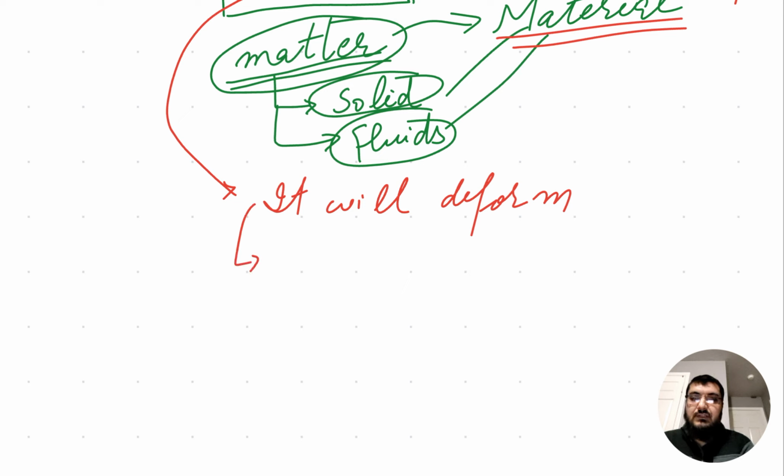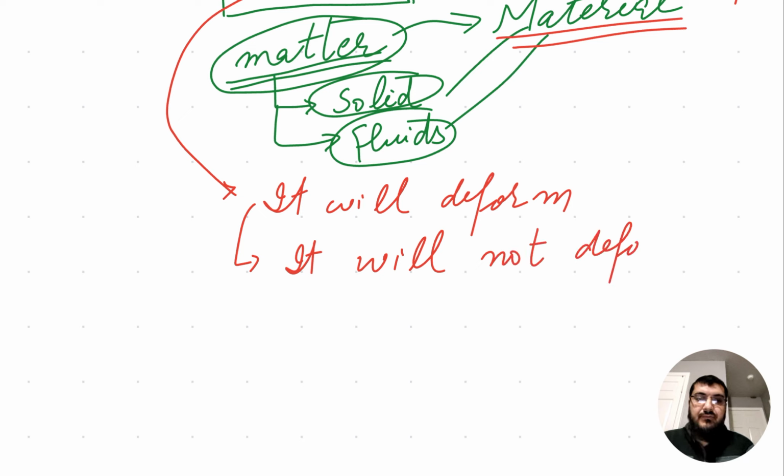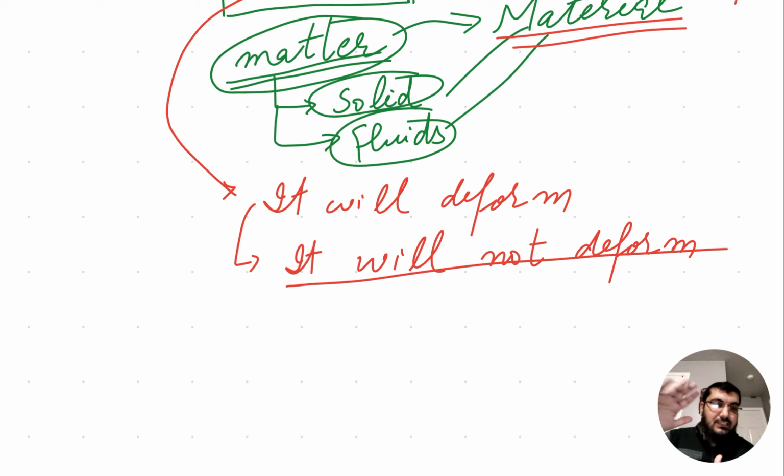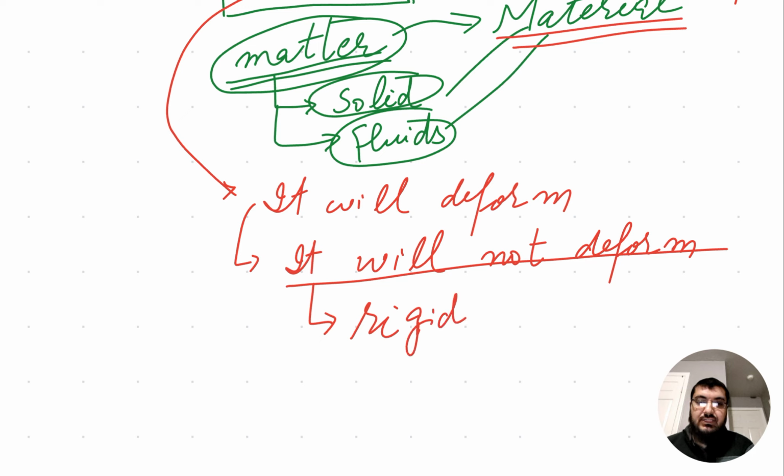The second one is it will not deform. The material which does not change its shape under the application of loading is called a rigid structure, a rigid material.